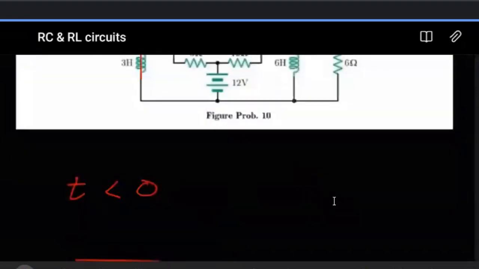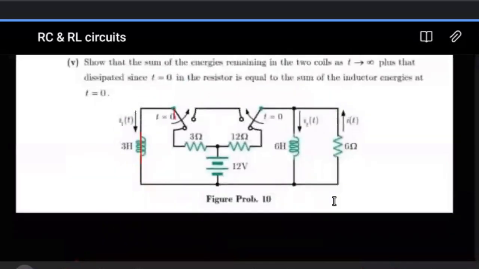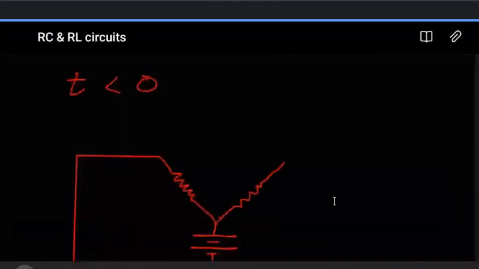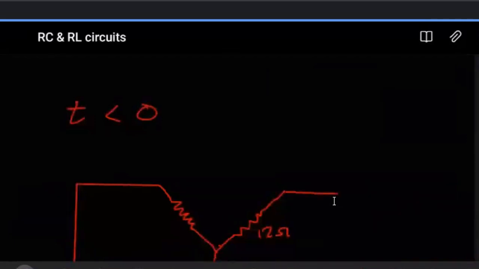I've closed the switch there, so I've just drawn one line all the way up to the 3 ohm resistor. And on this side, I have that other resistor, a 12 ohm resistor. The switch is closed there, so this goes all the way to the other side.